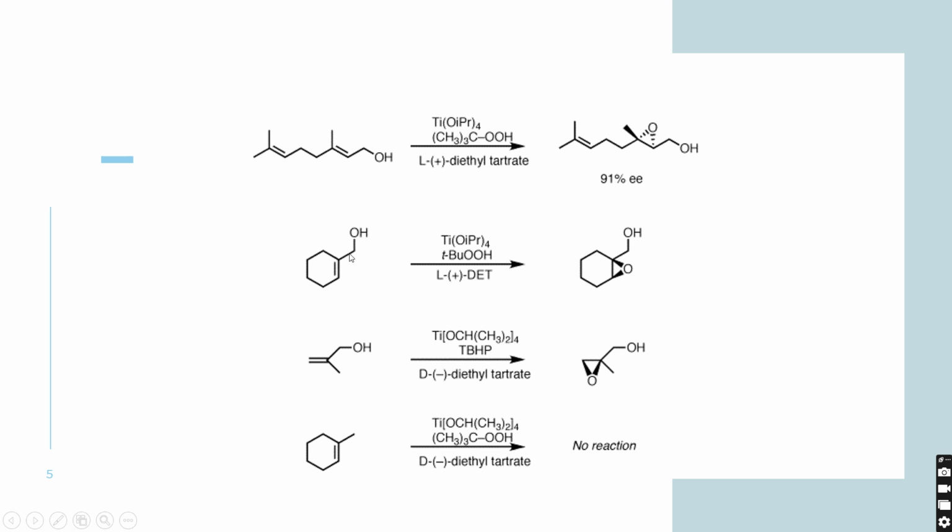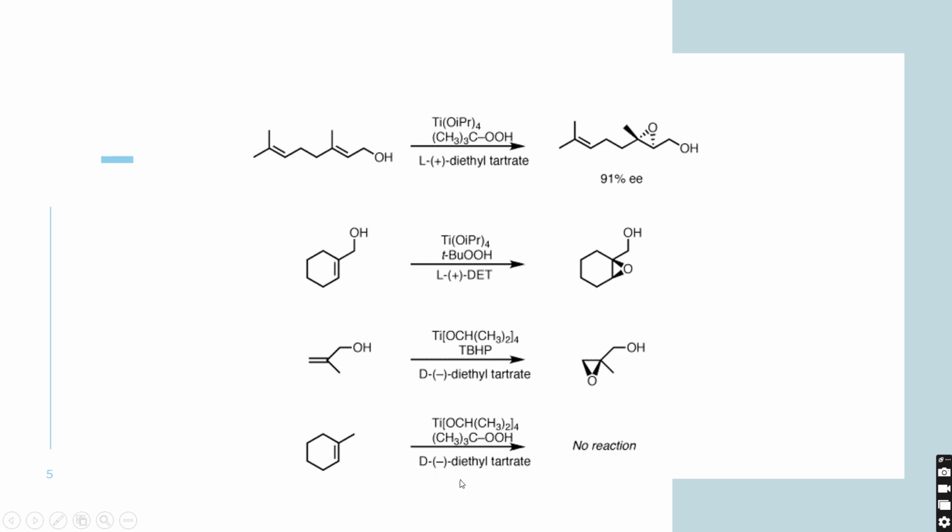So the selectivity will be reversed. In this case, you can see that the plus isomer is giving us the above product, whereas in the last question, it was giving the below product. For question number 3, you just have to rotate the substrate by 180 degrees, and since minus is given, the above face epoxidation will take place.